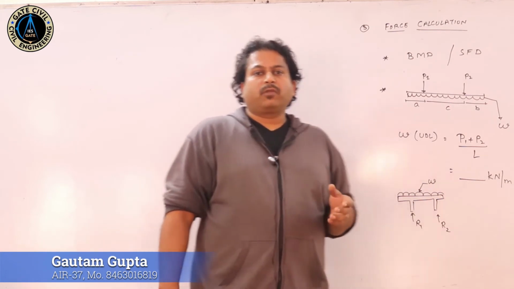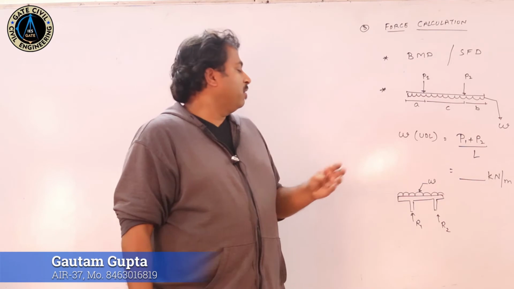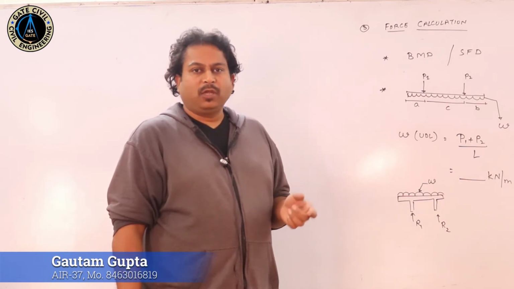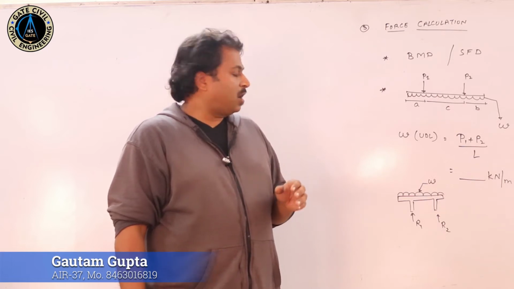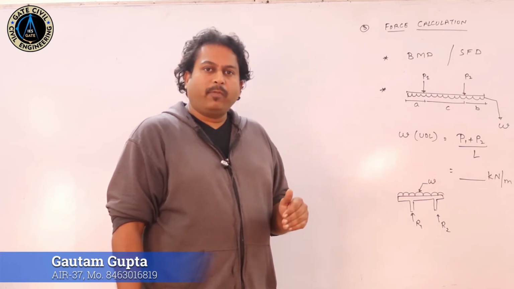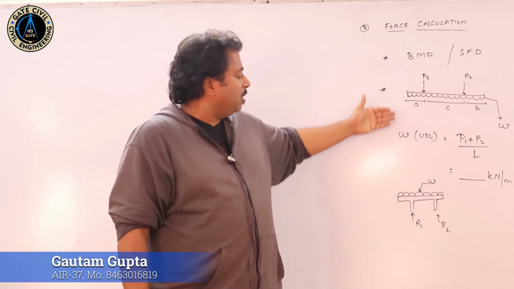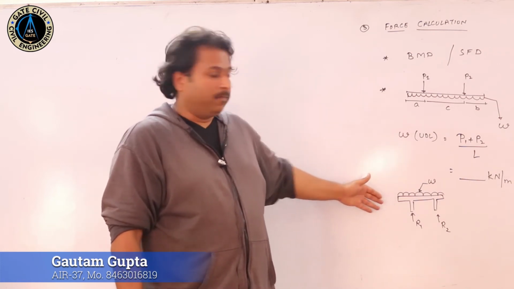In the lectures of structural analysis, we have already seen how to draw the bending moment diagram and the shear force diagram. So, I will be directly drawing the bending moment and the shear force for this particular structure, which is a form of an overhanging beam.